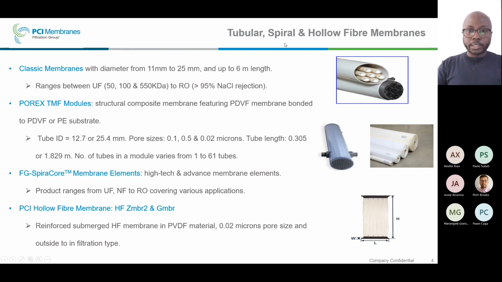So beside the previous membrane types, we also have the so-called classic membranes. The classic membranes are also tubular, as well as the porous TMF modules. The classic membranes are available in diameters that range between 11 millimeter to 25 millimeter, and they could be taken up to 6 meter length.